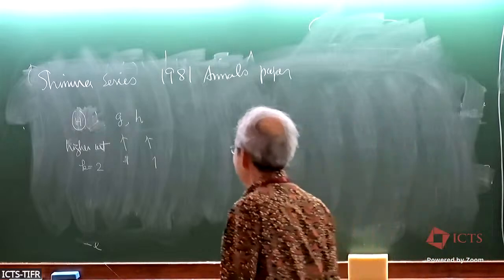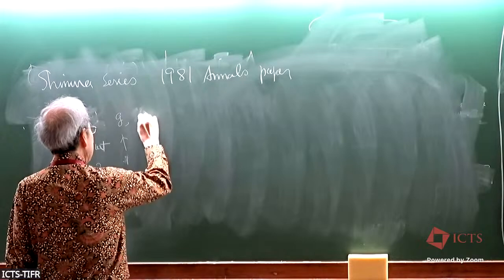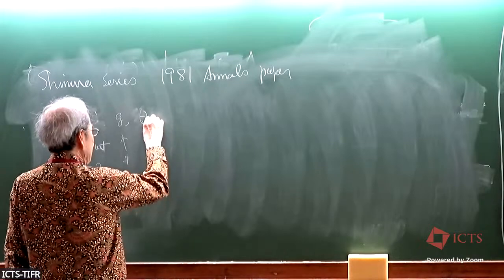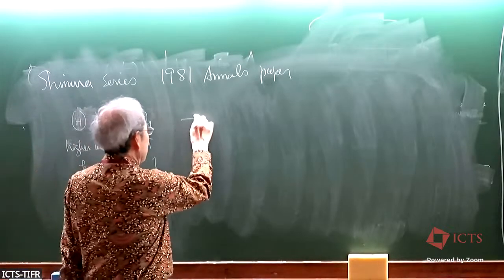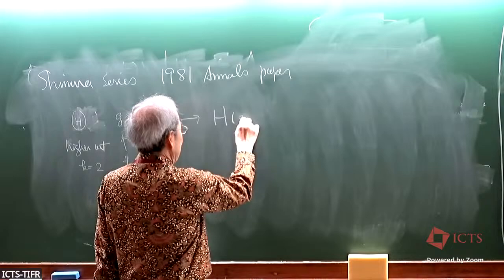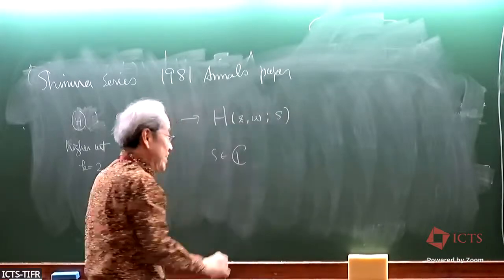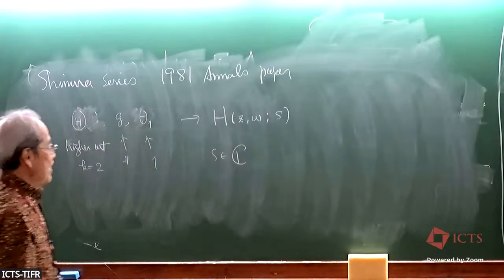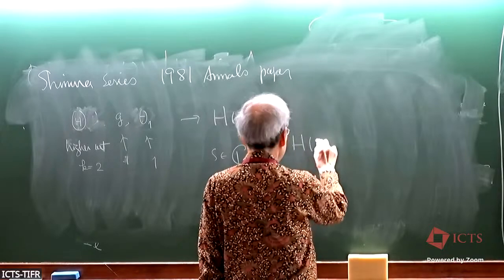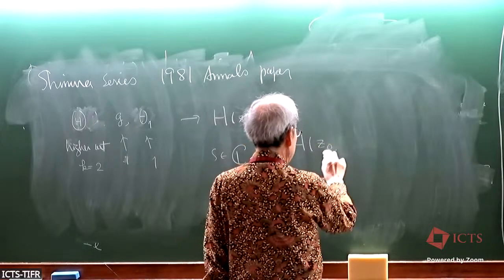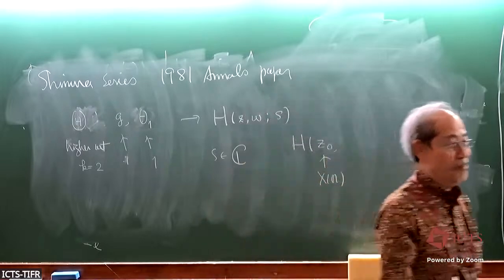And this one actually has to be a theta series of weight 1. Out of that, he concocted H(z,w,s). This is the series that you get when you plug in a CM point, because it doesn't work with Katz's notation.